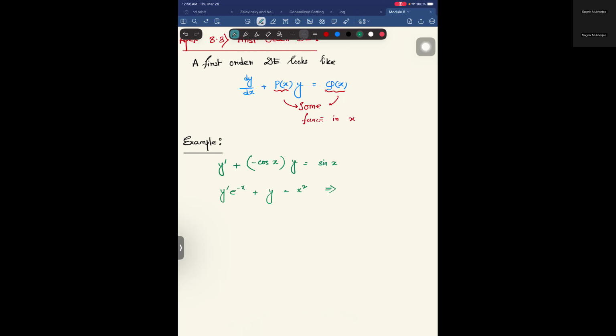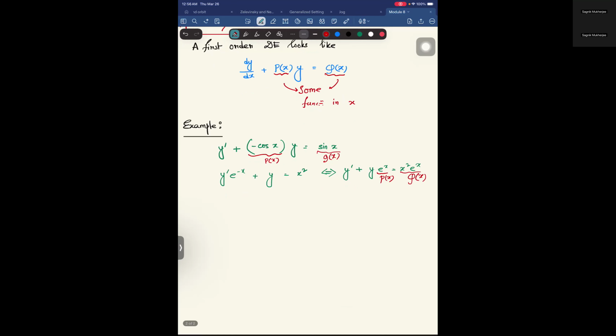See, this is nothing but y prime plus y e power x equals x squared e power x. So as you can identify, here this is px, this is ux, and this is qx, right?